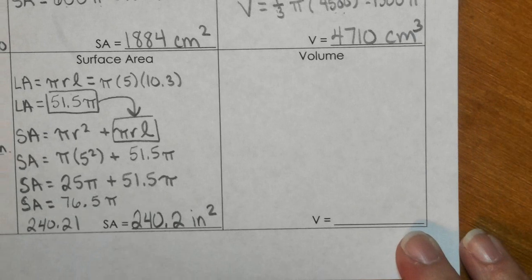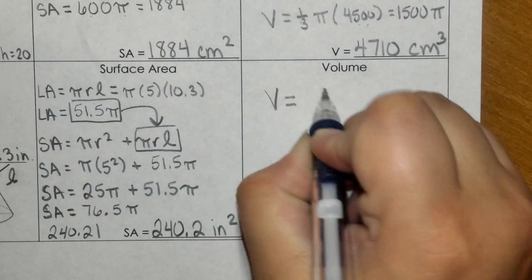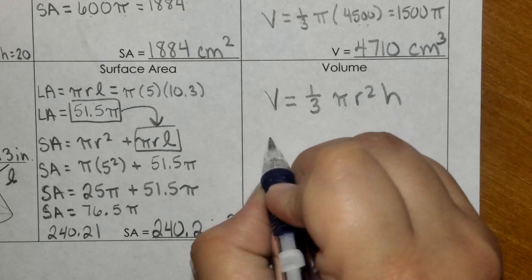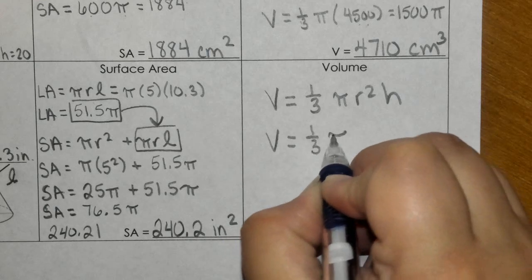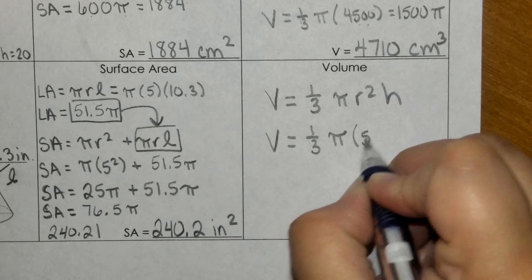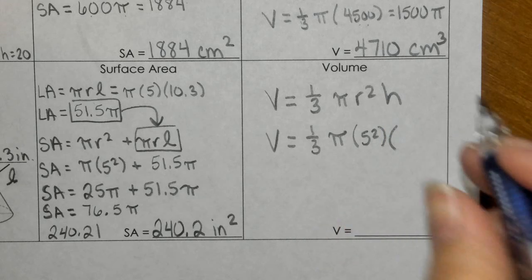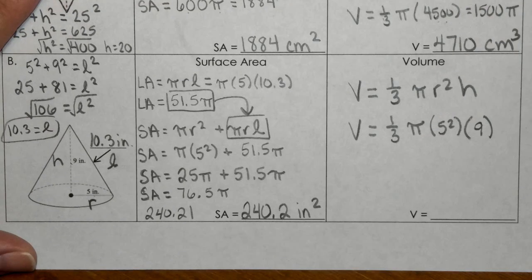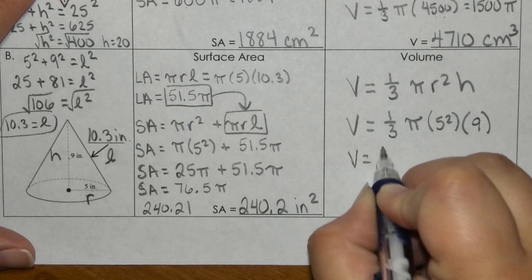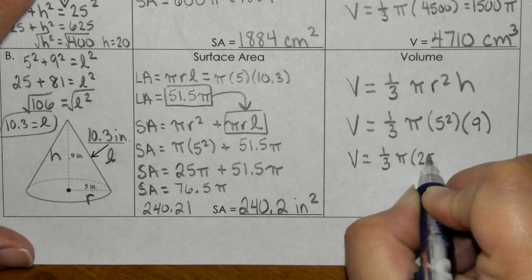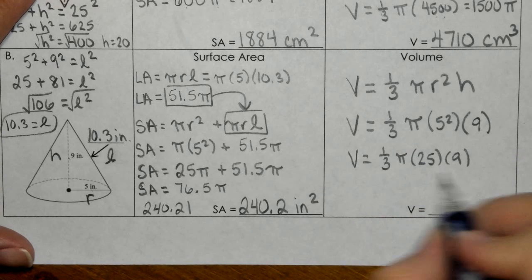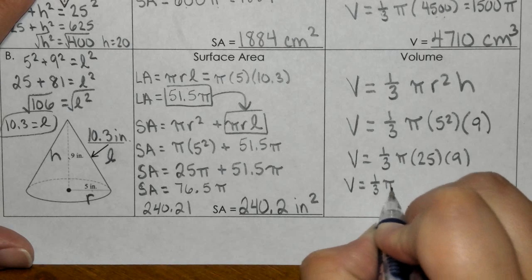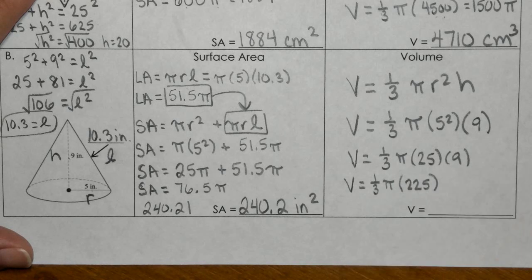Okay, last, we've got volume is 1/3 pi r squared h. So r is 5, and h is at 10 point, nope, h is 9. Sorry, we don't have the whole picture there, do we? All right, so now we've got 25 times 9. If I multiply 25 and 9, we get 225.